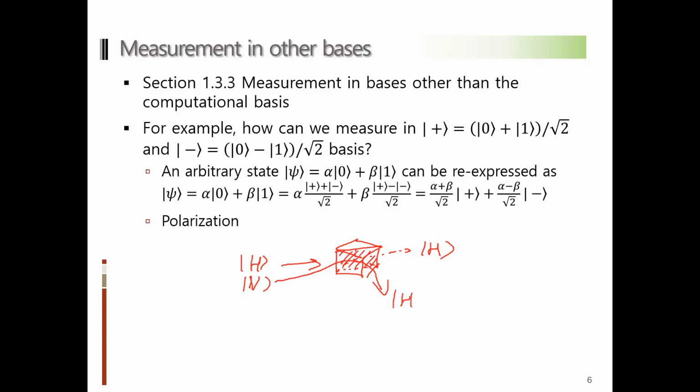This is what happens. So if you want to measure in terms of the HV basis, then you would just use this polarizing beam splitter, or PBS, in this orientation.